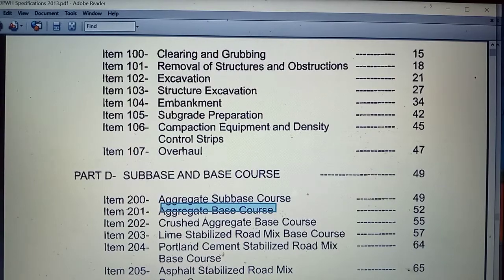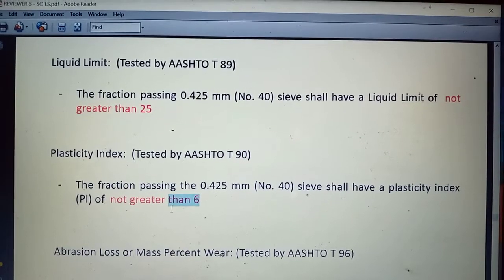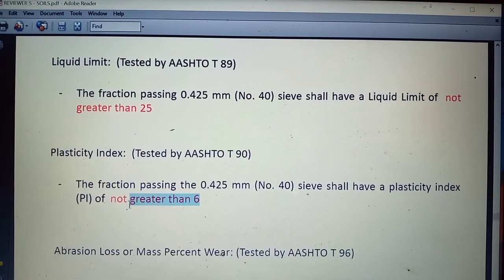Okay? Speaking of aggregate base course, this is its minimum requirement. So, the liquid limit should not exceed 25 and its plasticity index not greater than 6.